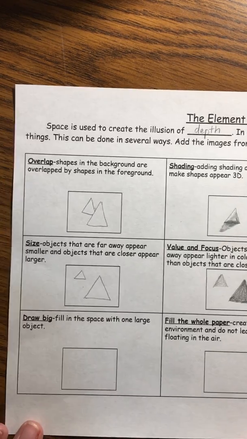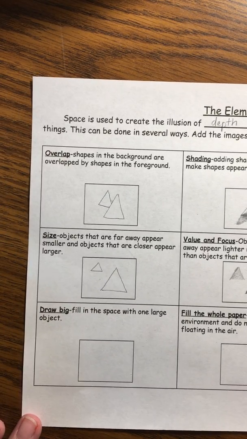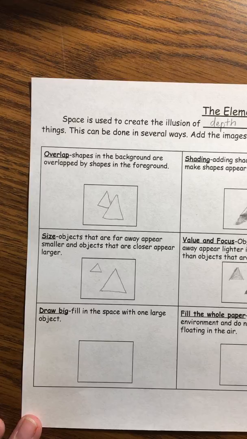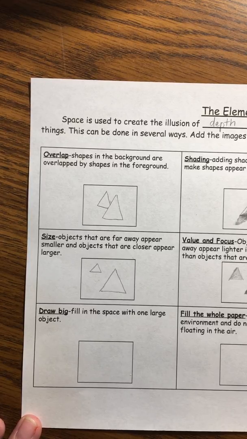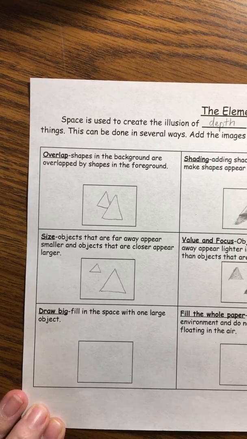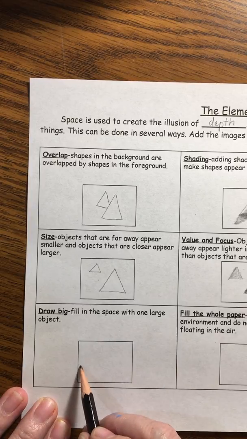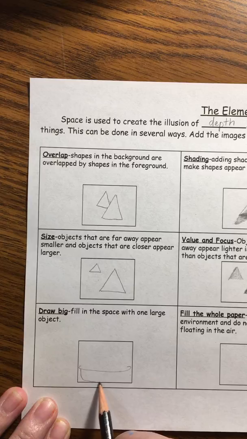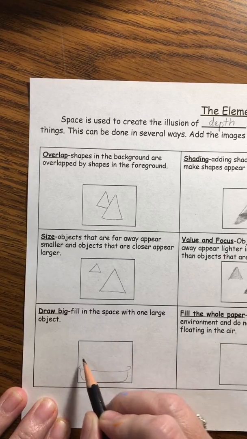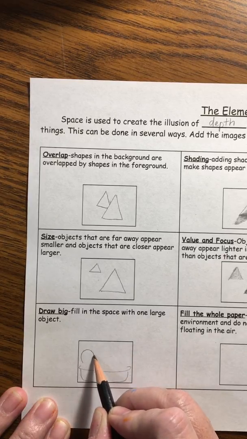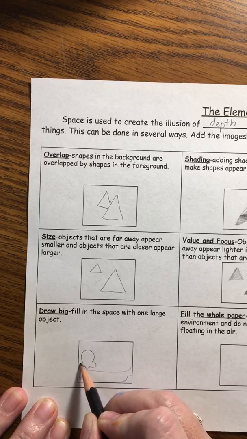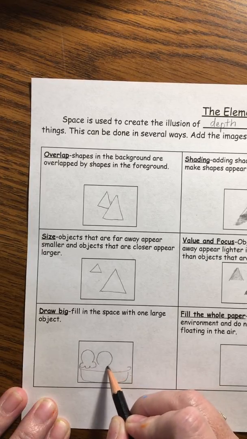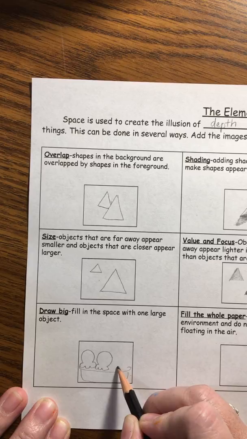So the last three that we're going to look at, this first one is to draw big. Fill in the space with one large object. So I'm going to draw a little ice cream cup. So here's my cup, and I'm drawing it as large as I can. I'm making my ice cream scoops. Kind of look like popcorn.